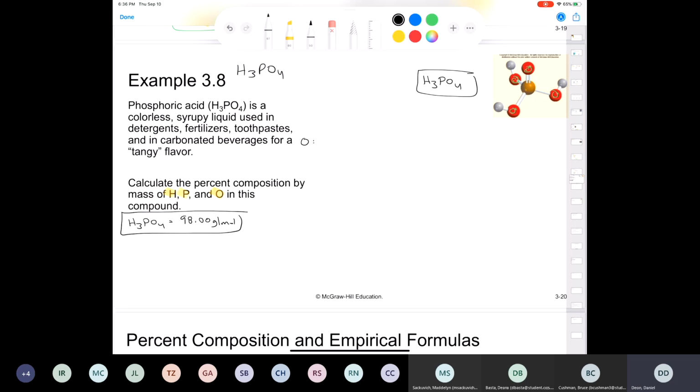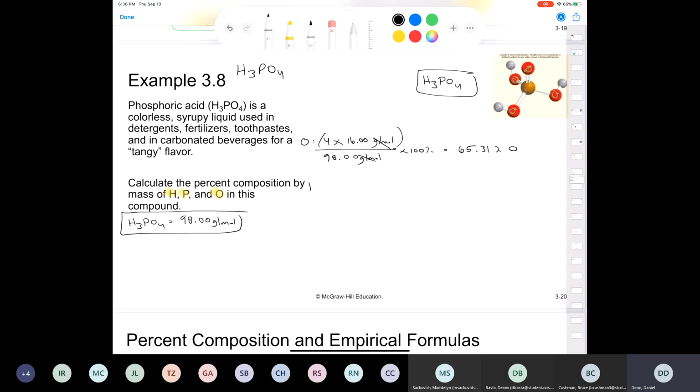So I take 4 times the mass of an oxygen, which is 16.00 grams per mole, and I divide that by 98.00 grams per mole. That cancels out. I multiply by 100%, and I end up with 65.31% oxygen.